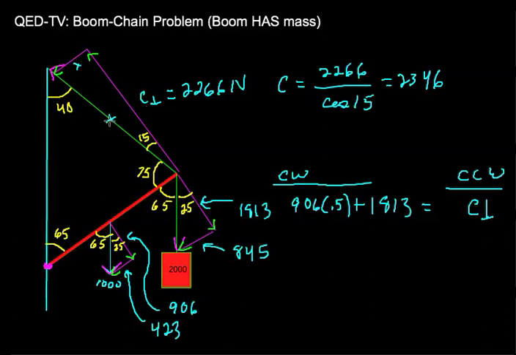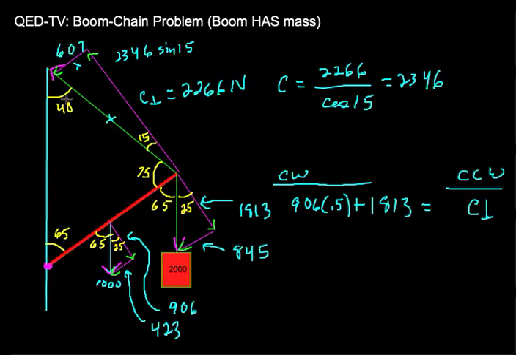Well, the chain is 2346. So this side over here is the opposite side, so it should be 2346 times the sine of 15. If we do that, we get a force of 607 newtons.